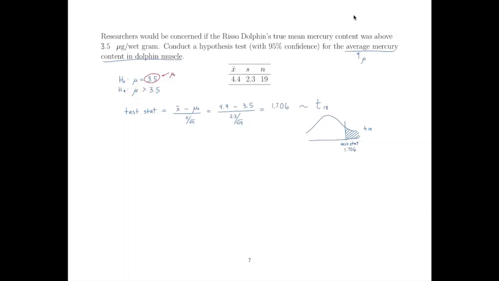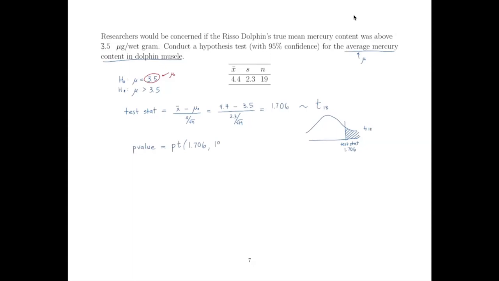To work out that p-value, the area in that right-hand tail, I'm going to use R. The code I'm going to use: I want the probability or area, so it's a p, and it's on the t-distribution, so t. I'm going to feed in the value of the test statistic, 1.706. I'm going to give it the degrees of freedom, which is, oops, I wrote 19 here, and it should have been 18.